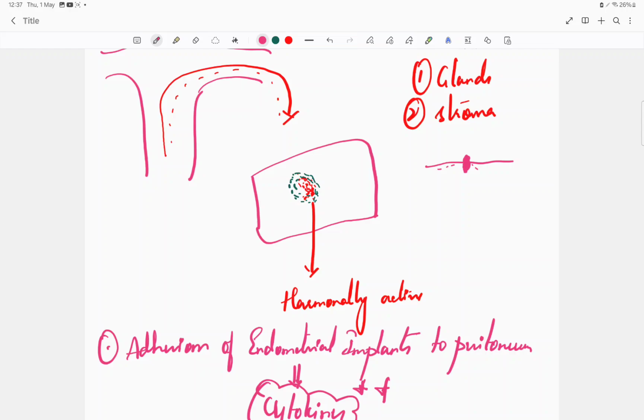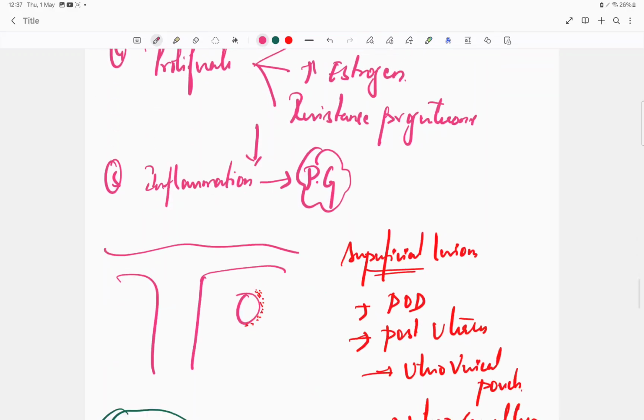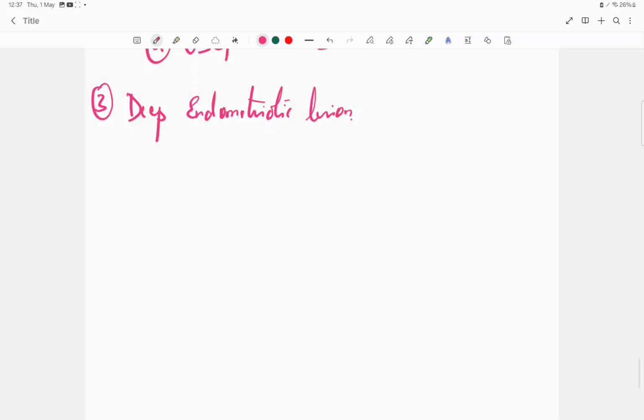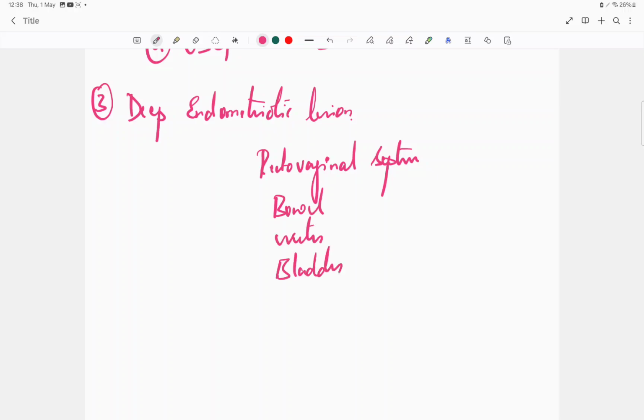If this is an MCQ, they have asked: if the depth is more than 5 mm, then it is considered a deep endometriotic lesion. There are specific structures where these deep lesions are especially present, where there is a lot of vascularity and space to penetrate: especially the recto-vaginal septum, and of course the bowel, ureter, bladder and rectum.